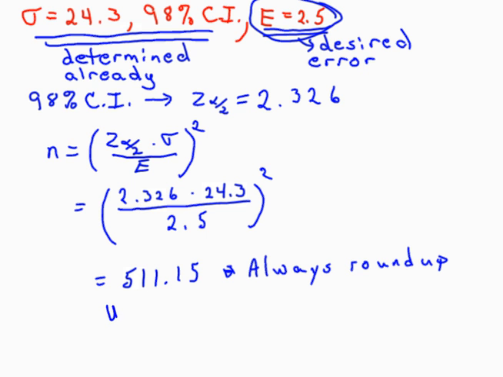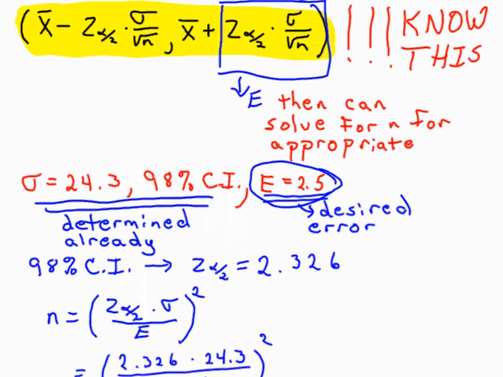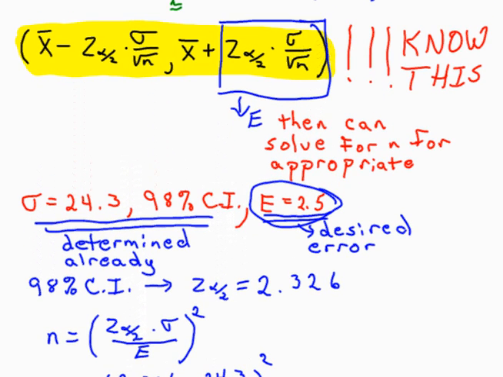And so we have to use 512. 511 won't quite do it, and I can't go 1500ths of a person. So I have to round up and use that 512. So there's an example of that, and remember all those different formulas. You can key on the confidence interval formula and get everything from there.